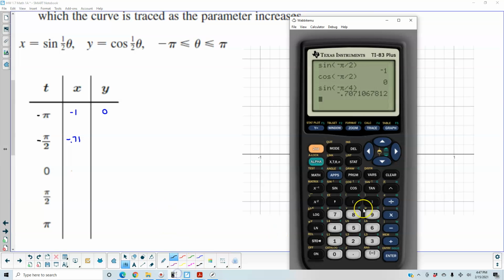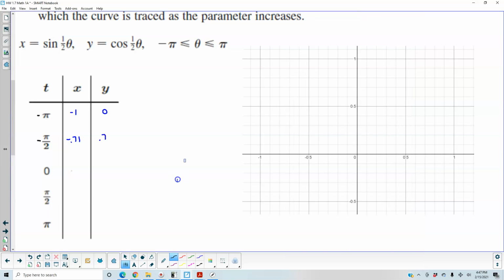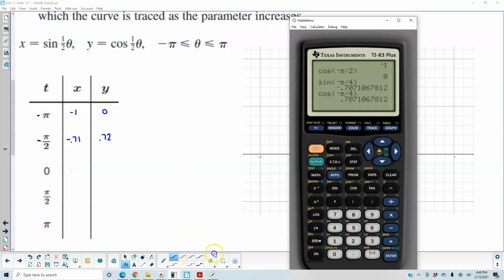And then if we plug that into y, we're going to have the cosine of negative pi also divided by 4, which is going to give us a positive 0.71. Okay, now we want to find the sine of 0. We know the sine of 0 is going to give us 0.